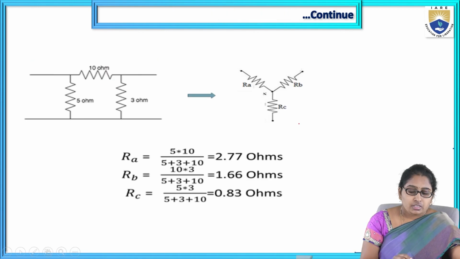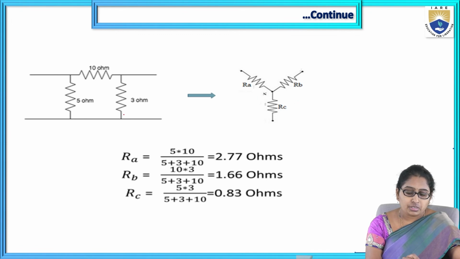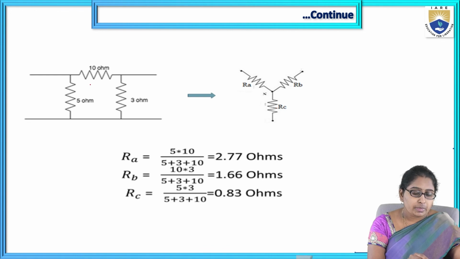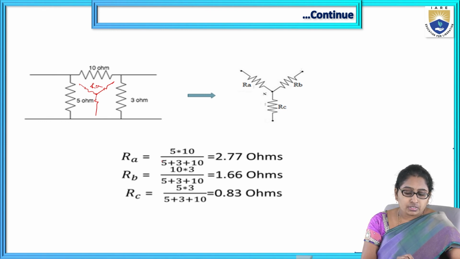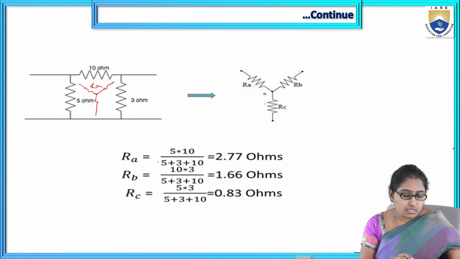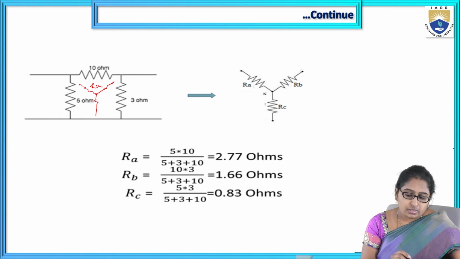Here the delta circuit is given, and its equivalent star network is shown with elements RA, RB, RC. You can take any notation, not a problem.